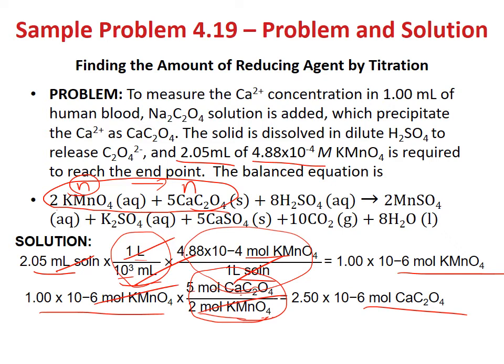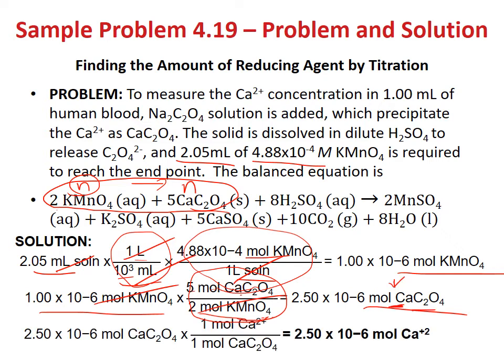The next step, we want to find the moles of calcium. In this equation, the ratio is 1-to-1. So this is moles of calcium oxalate, and 1 mole calcium oxalate gives you 1 mole of calcium. So that is the moles of calcium ion in the solution.